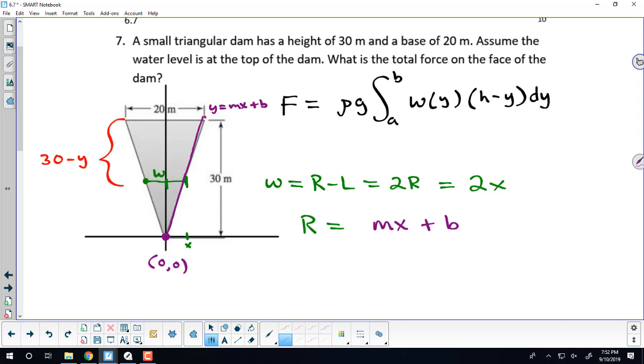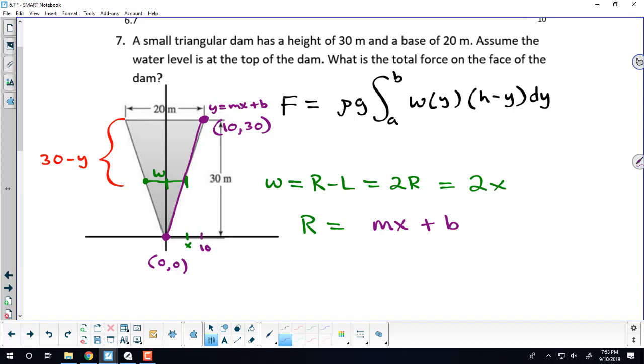That's the point 0, 0. What's this point? 10, 30. Yeah? So definitely a height of 30. Again, we've got to think about how we cut that 20 in half. So if we're over there, then that's half of 20, which is 10.